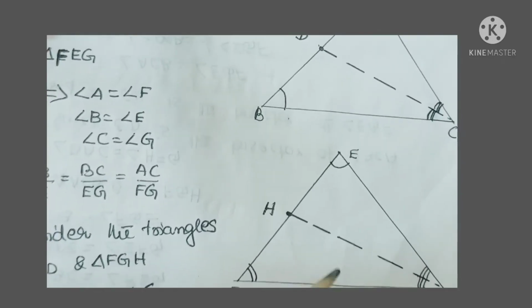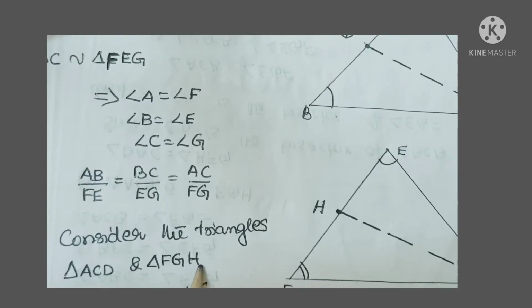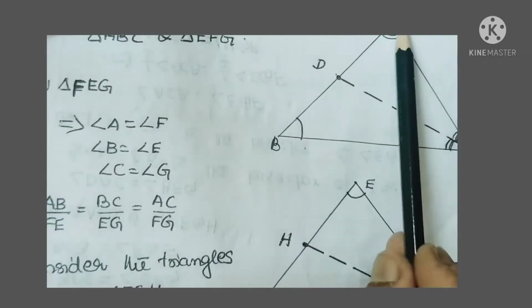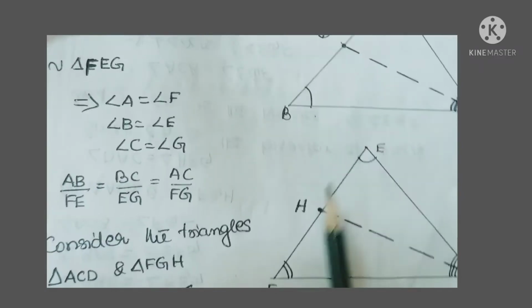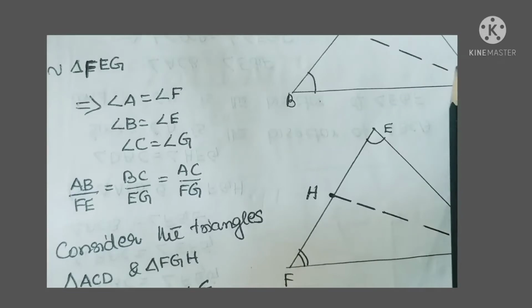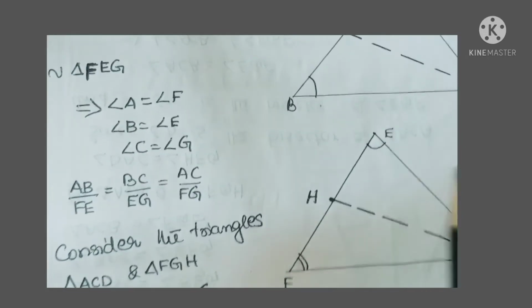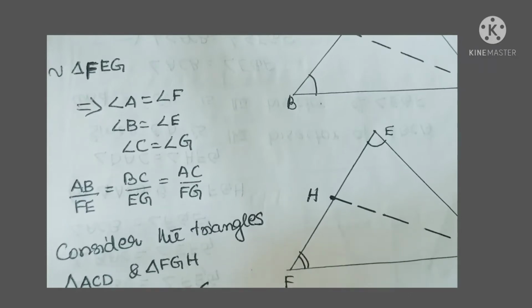Here, we want to take triangle ACD and triangle FGH. Since angle C and angle G are equal, the bisectors are also equal. That is, half of angle C and half of angle G. Which are they?